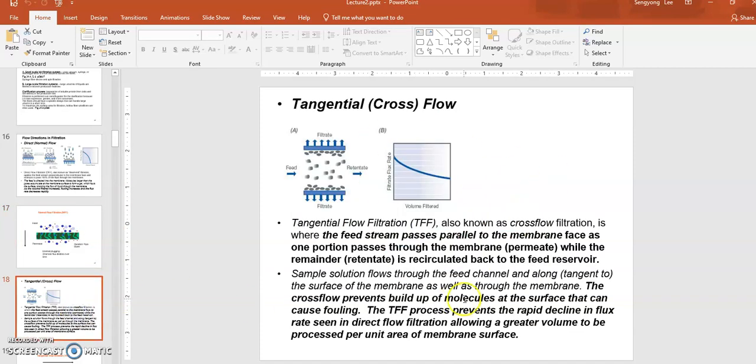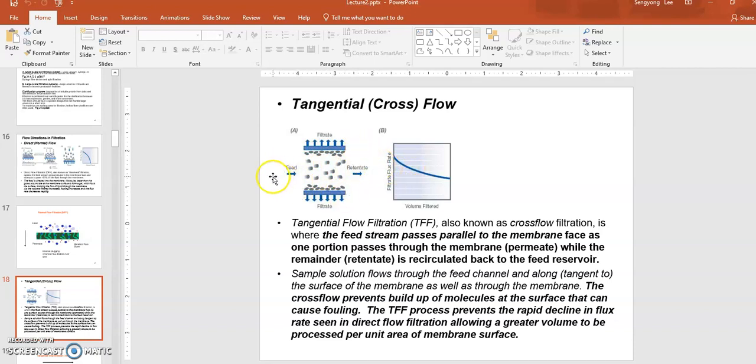Okay, then is there an alternative? Yes, of course. The alternative method is something called tangential flow filtration or cross flow filtration. Okay, the way it works is, if you have a membrane there, instead of running your feeding material over the membrane directly, you will move it sideways, parallel to the membrane surface. So the initial material will continuously move parallel to your filter surface.